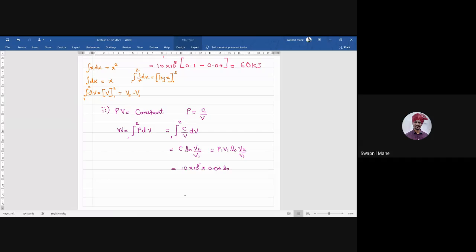And log of V2, V2 is how much? 0.1. Right. So if you solve this, what is the answer? Can you tell me? 36.65 kilojoule. Correct. So 36.65 kilojoule is okay. Yes, sir.